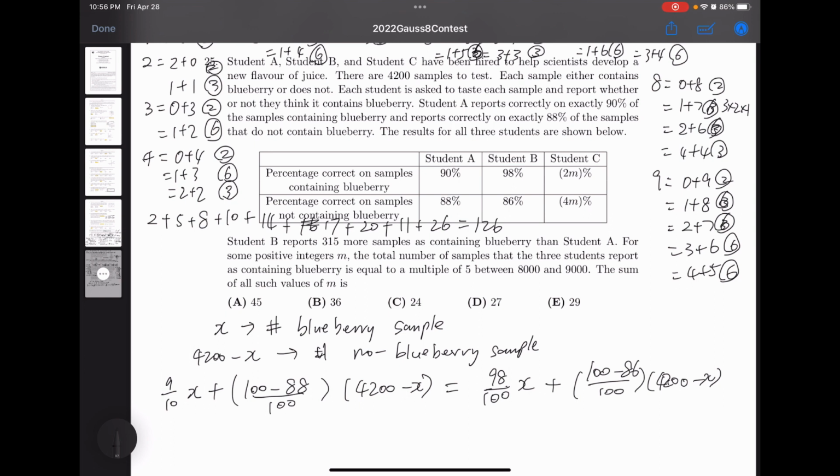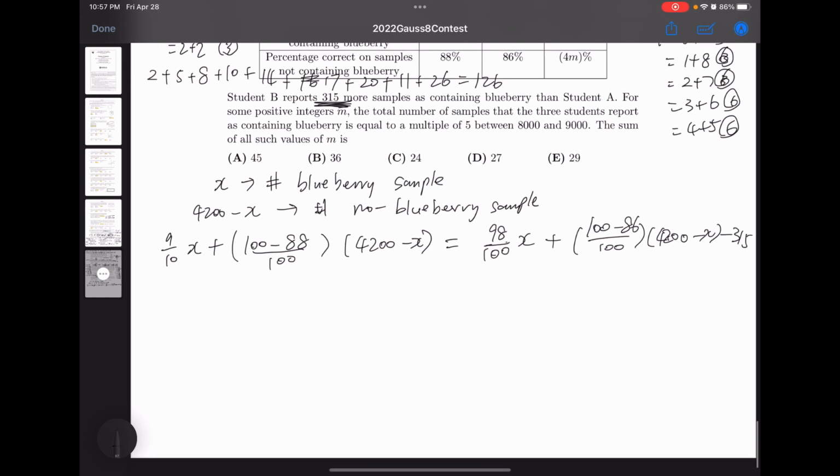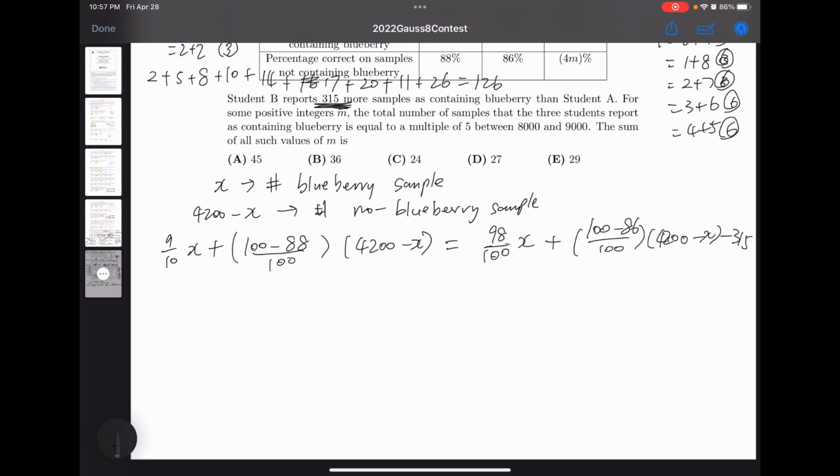And because it says student B reports 315 more than student A, therefore we need to subtract 315. And if we expand this equation, we would get (98 minus 14 plus 12 minus 90)/100 x equals 231, and x would equal 3850.